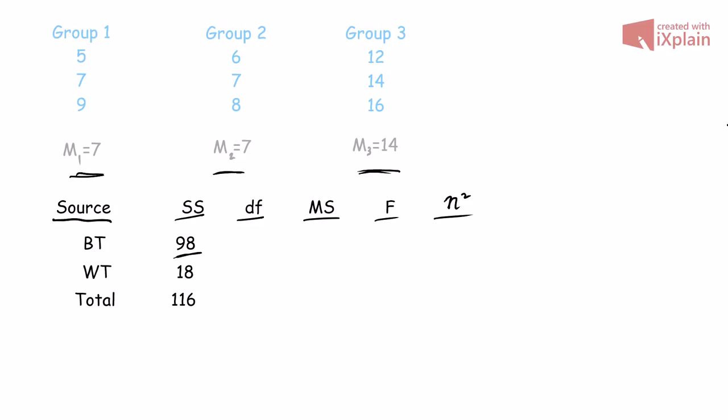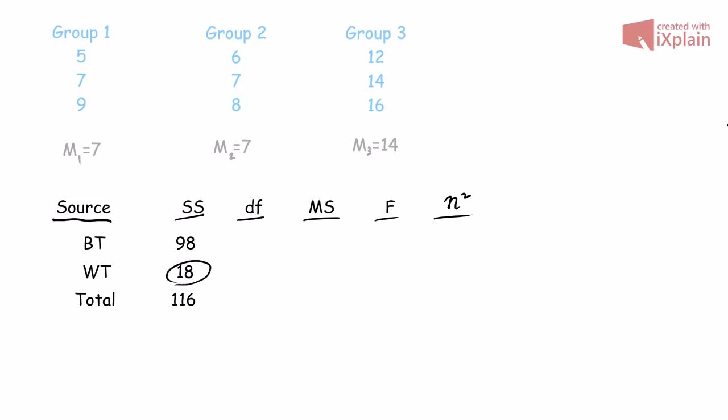So if I were to just change one of these scores, maybe make this score 10 rather than 7, now there's more variability among those means. This 98 would now be a higher number. I'm not interested in showing you how that 98 is computed right now. I just want to talk about conceptually what's going on. So this number is going to be bigger the more different these means are. Okay?